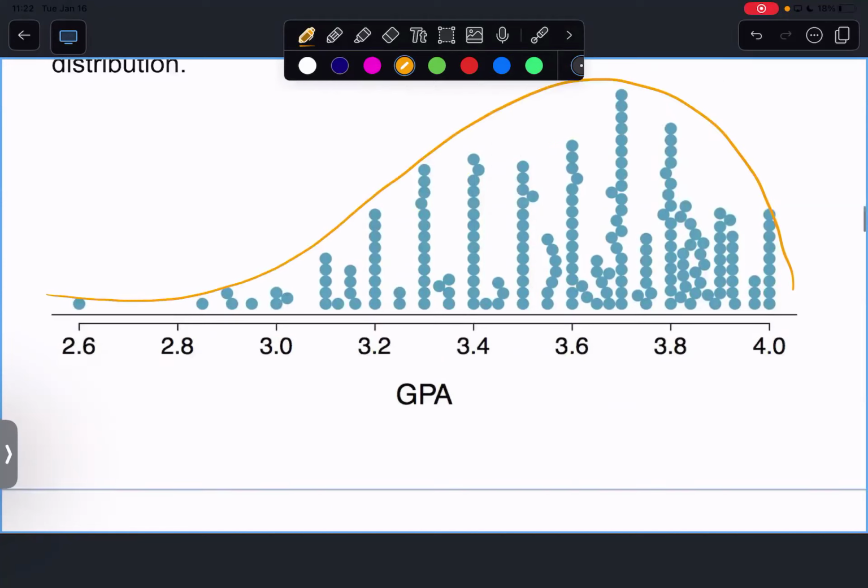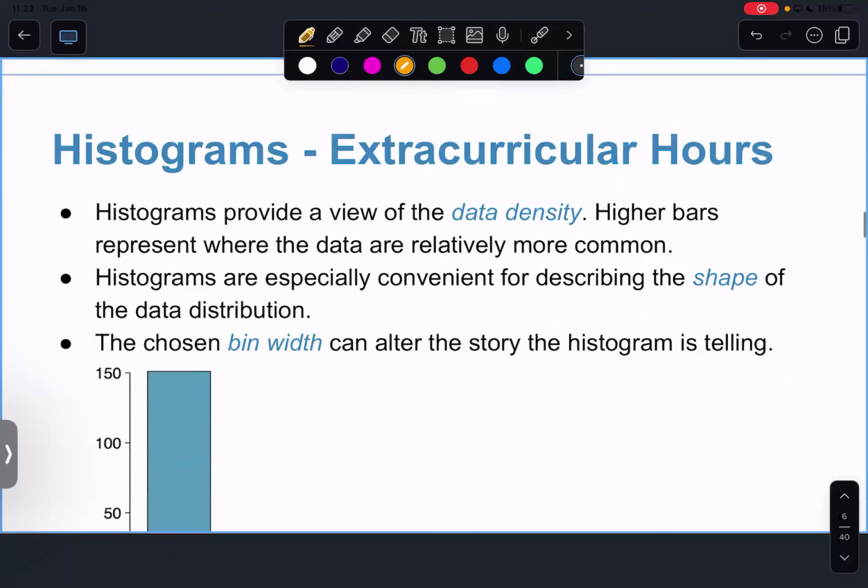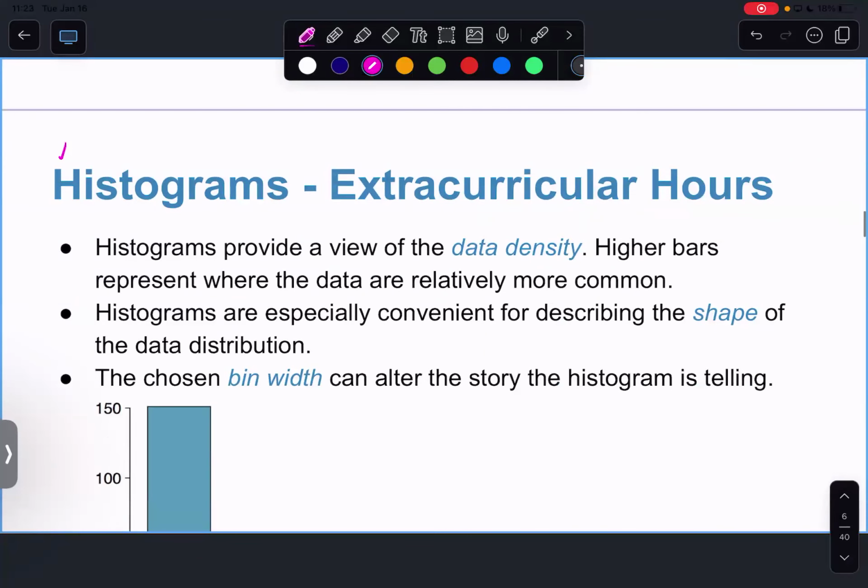Okay. So now we will use histograms to visualize a numerical variable. Those other guys were fun, the dot plot and the stack dot plot, but ultimately we're only going to work with histograms for a numerical variable.